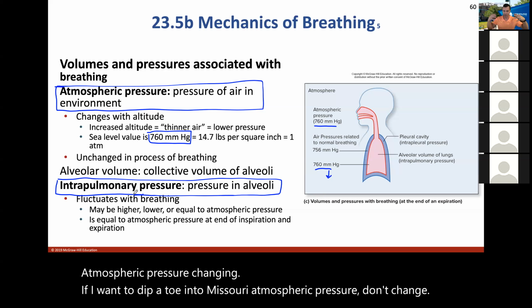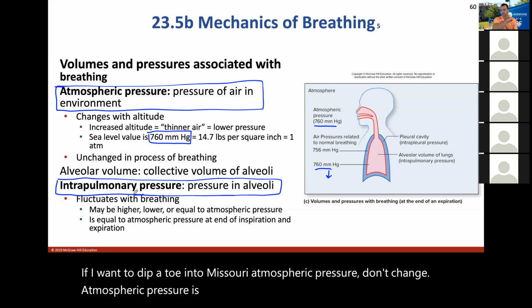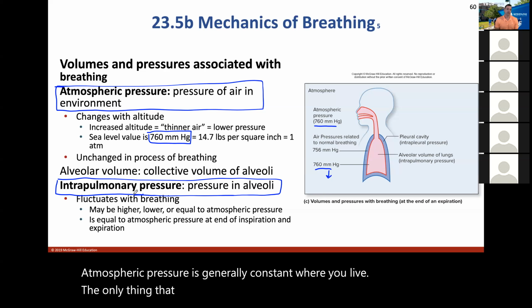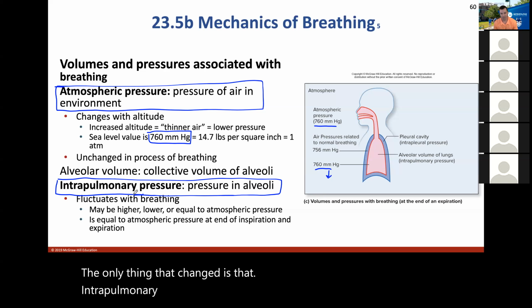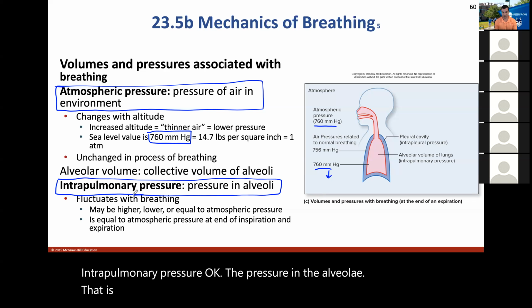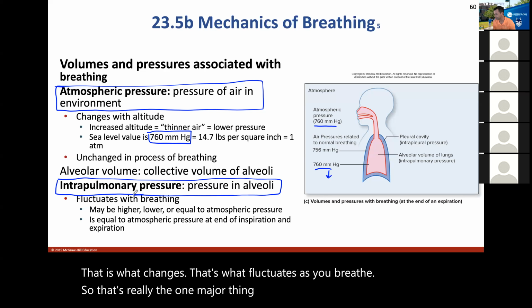Atmospheric pressure is generally constant where you live. The only thing that changes is that intrapulmonary pressure, okay? The pressure in the alveoli. That is what fluctuates as you breathe. So that's really the one major thing that's changing.